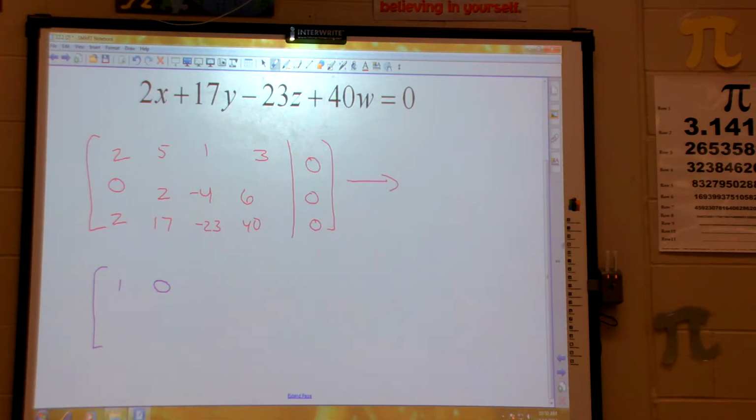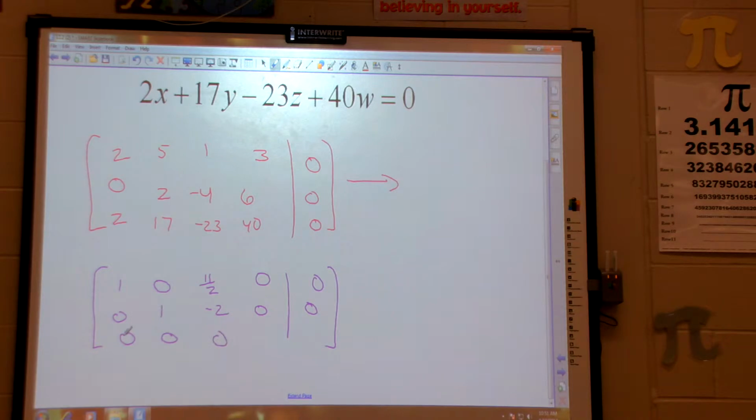Why are you giving me a decimal? Because it gets overbeat in this class if you start giving me decimals. Just kidding. 11 over 2. Then we have 0. Is that correct? Yes. Okay.